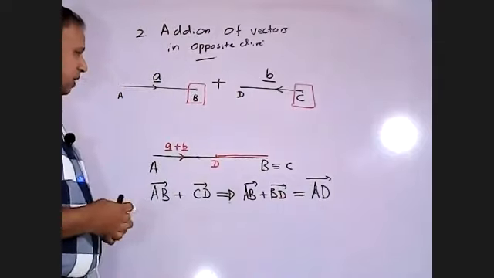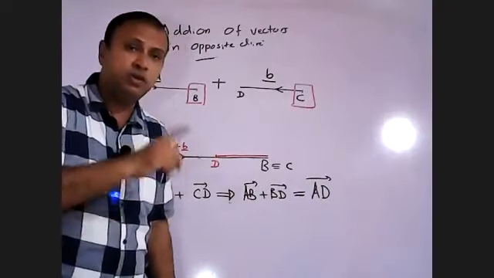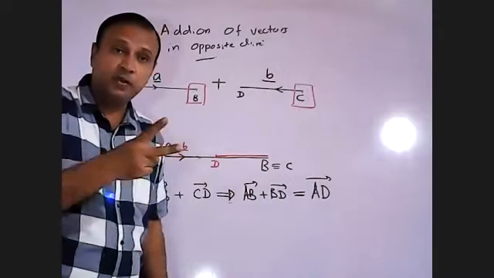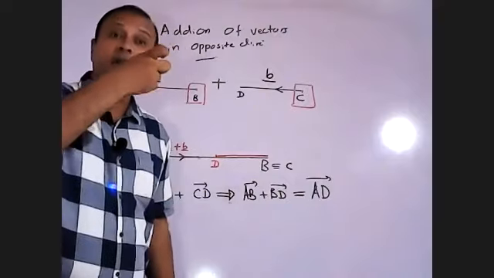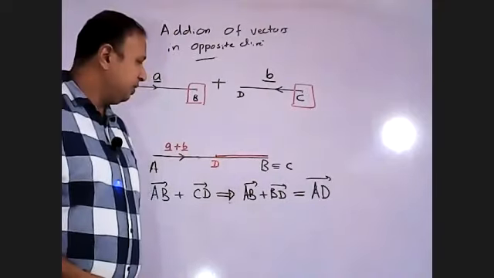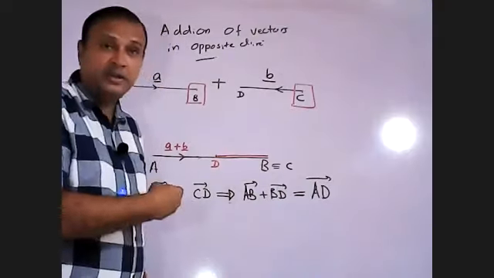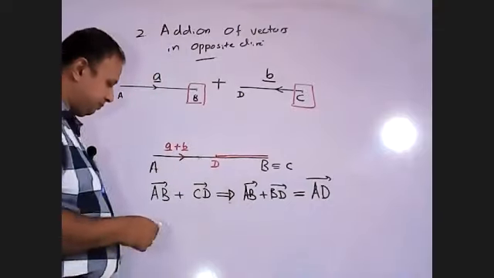So if you are asked to find the addition of two vectors, you should give two points: the magnitude of that vector and the direction of that vector. So now I should calculate the magnitude as well as the direction.